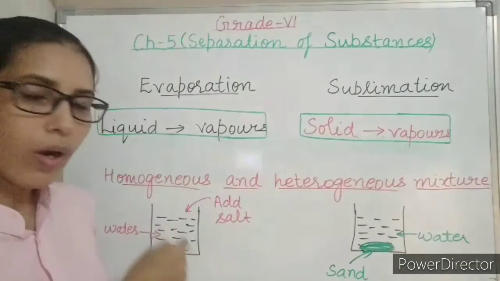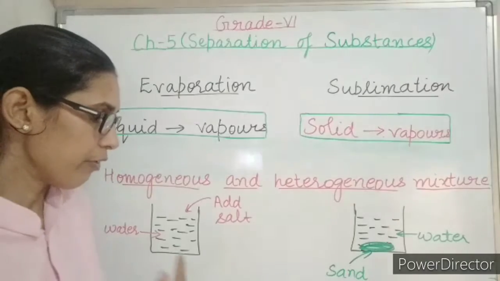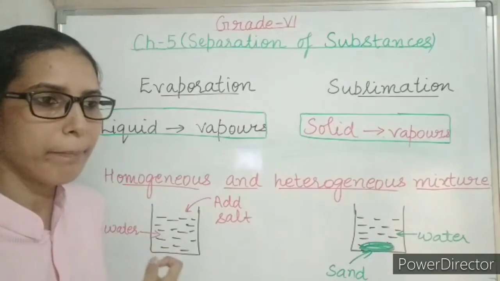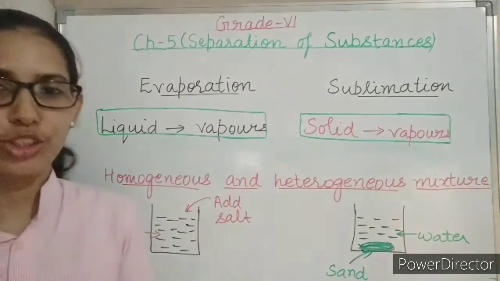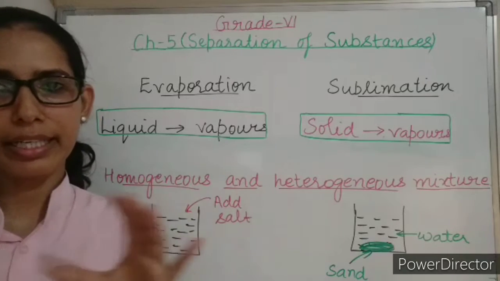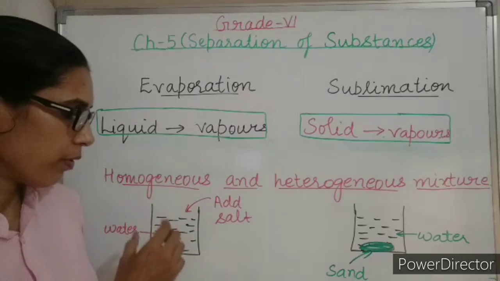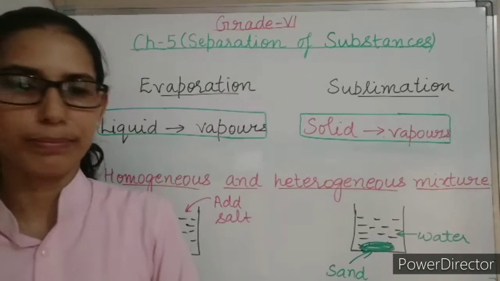Once it has dissolved, we are not able to see salt and water separately. Now it has formed a mixture of salt and water. We cannot see the salt particles and water separately because there is uniform composition throughout the mixture.